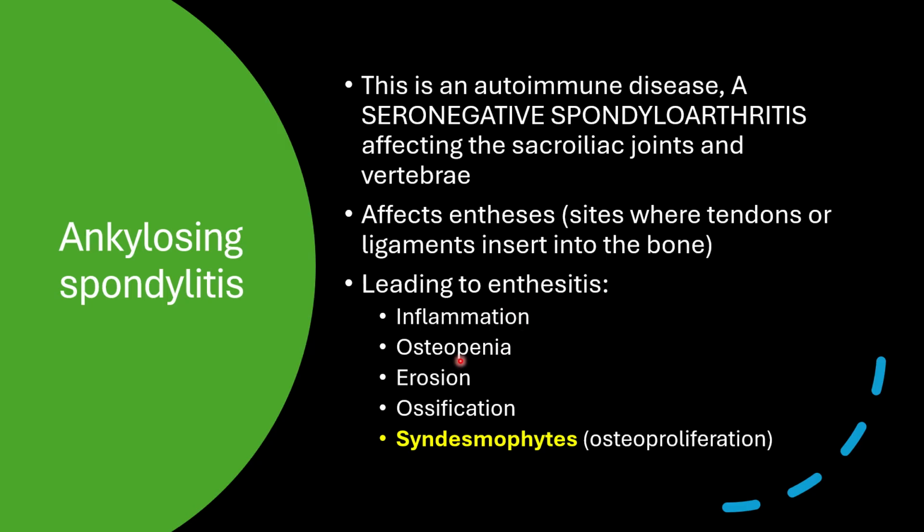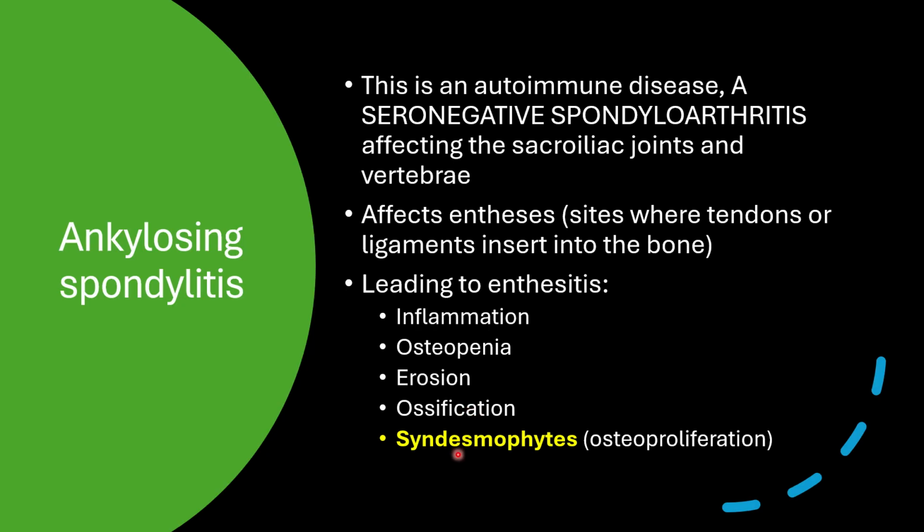There will be osteopenia, where the bone mass or density will be lost. But before we get there, erosion would have occurred. Then there will be loss of bone density. Ossification will also take place because later on new bones will be formed.